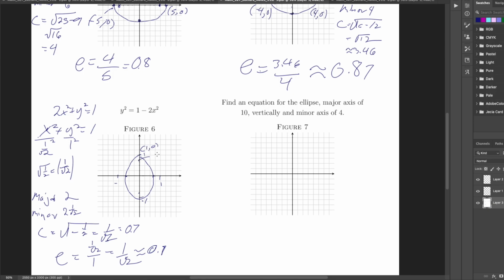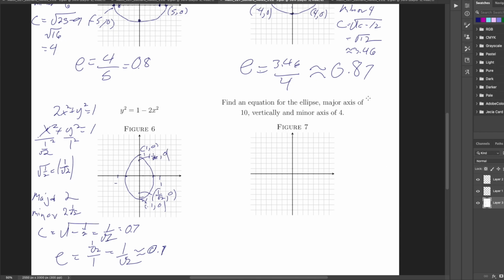The foci will be at 1 over the square root of 2, 0. Here we'll have this at minus 1, 0 for our vertex, and then our foci will be at 1 over the square root of 2, 0. I know that's kind of hard to read, so that's why I'm saying it out loud. This is 1 over square root of 2 times 0, 1 over square root of 2 times 0.